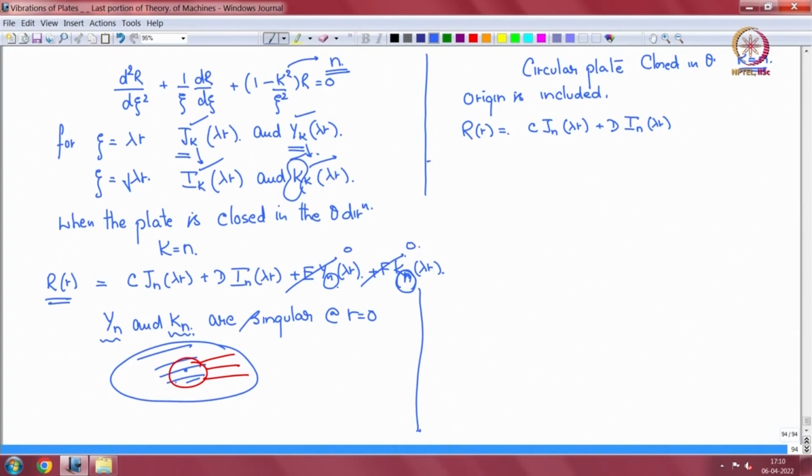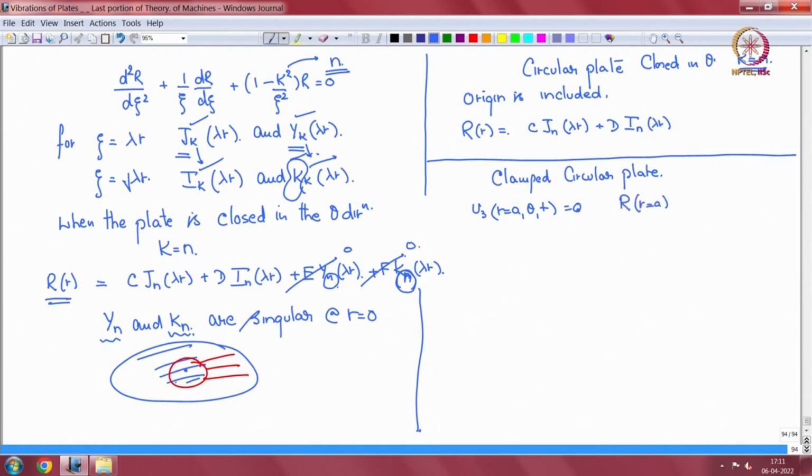Now we look at one particular case, a clamped circular plate. And what does clamping mean? Clamping means u3 at r equal to a for all theta for all time is 0, and this amounts to R at r equal to a being 0.